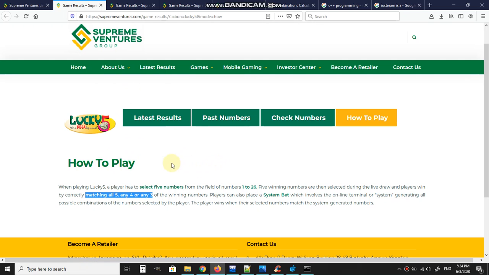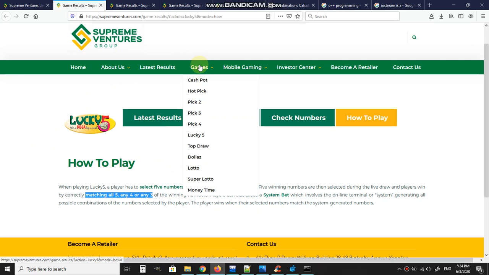So for the game of choice, it's the Lucky Five game. This company also offers several other games, including their biggest game, the Lotto game that actually branches into several countries across the Caribbean. So anyone from around the Caribbean can actually win the Super Lotto jackpot.